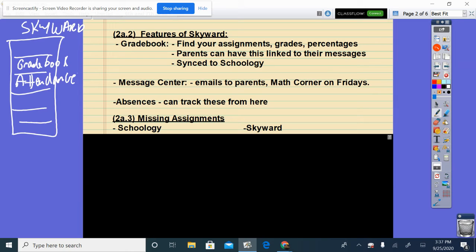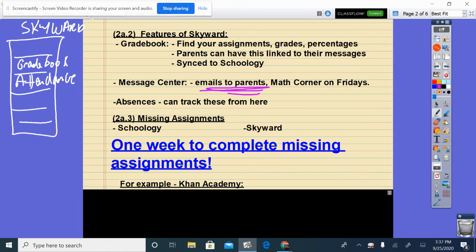If you can show you were in class, and with this system we have right now where you record yourself as attendance, you may want to check that. And the gradebook is where you'll go to find missing assignments and what your grades are for individual assignments and for each of your classes. The message center is where I send messages to parents every Friday, a special Math Corner edition for the parents so they can find out what we're doing in class.